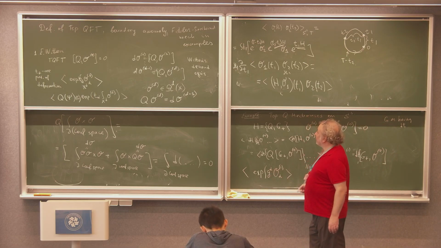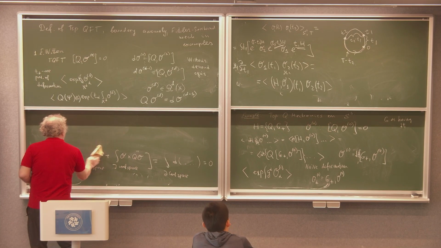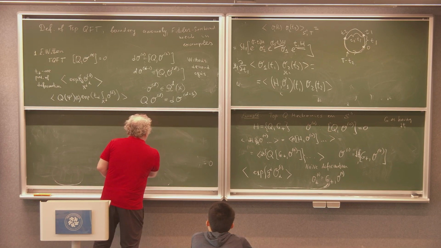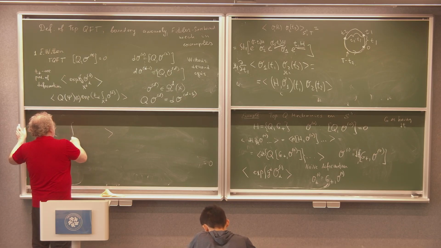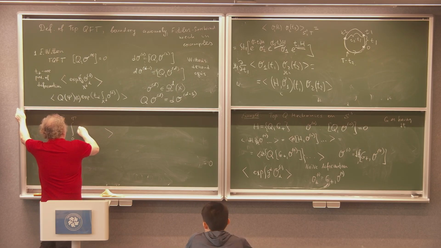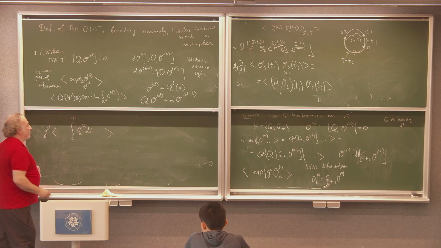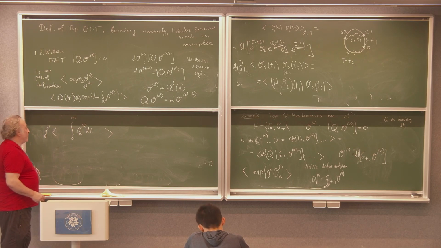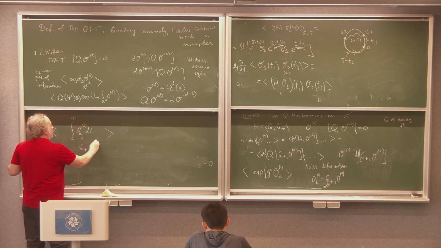So in the first order, O1 dt. Now, what is this O alpha 1? It is G plus O0.